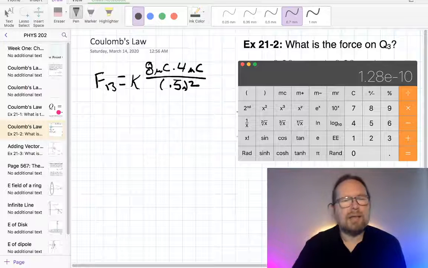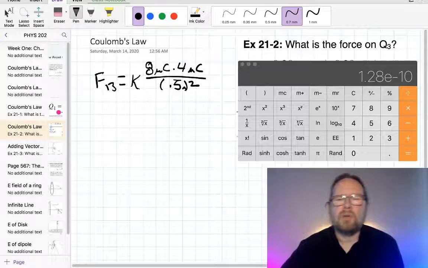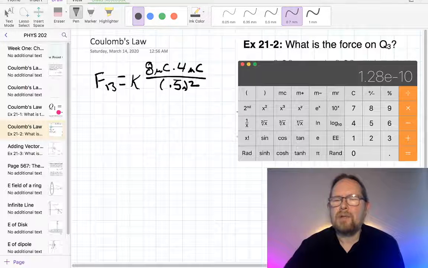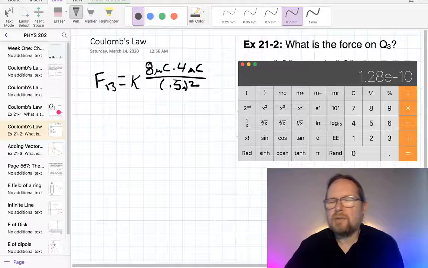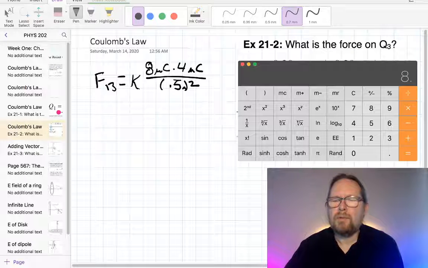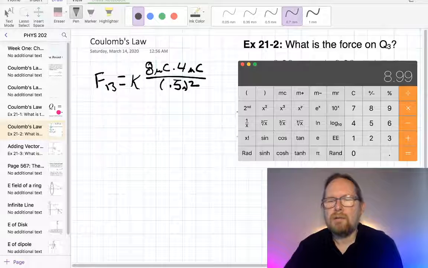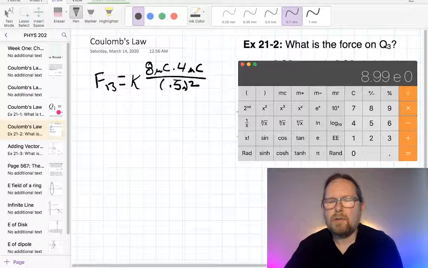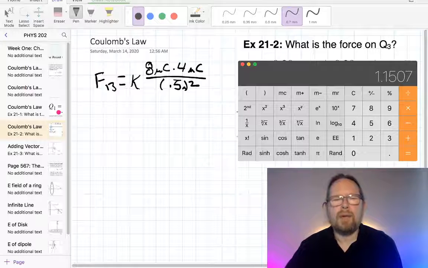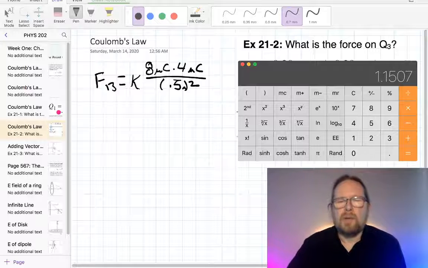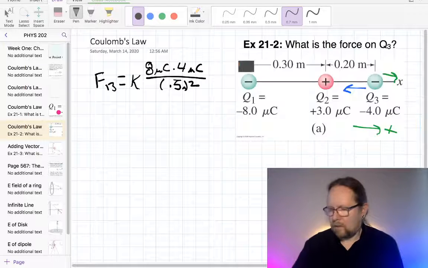We're using K, which is 1 over 4 pi epsilon naught, so we're going to multiply that times the value for K, which is 8.99 times 10 to the 9th. There we go. 1.15 newtons, because this is a force.